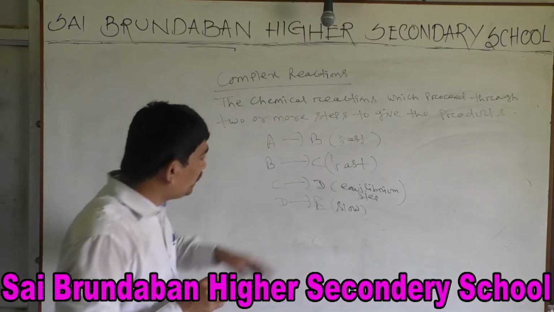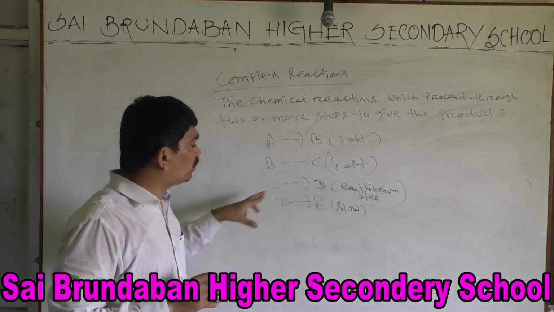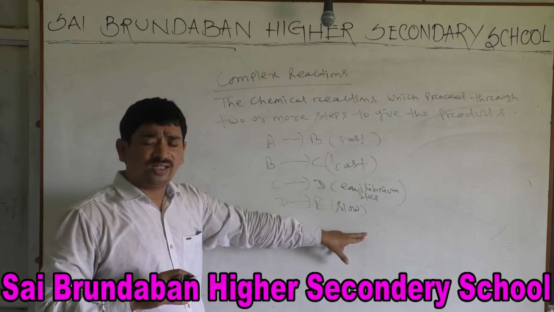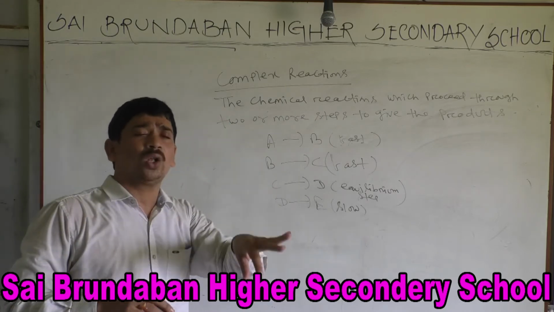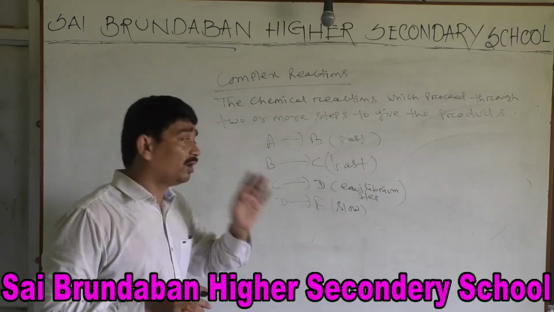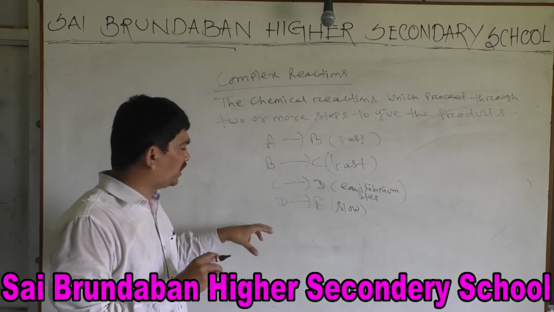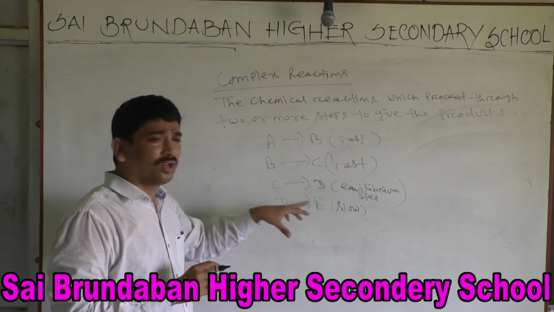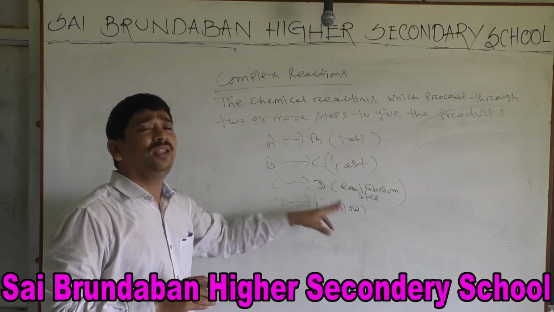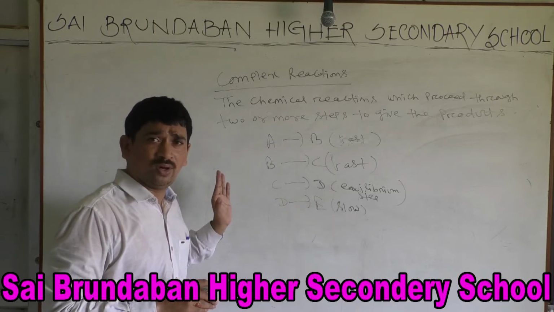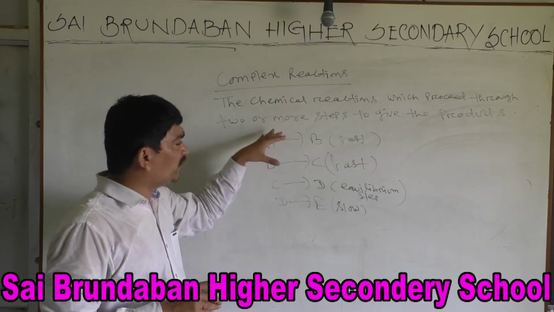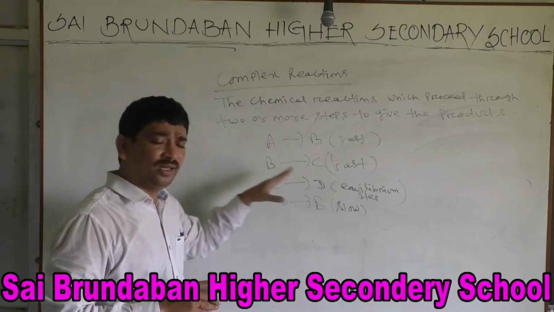If there are so many steps of reaction, then the slowest step will be the rate determining step. From that step we can calculate the order and molecularity of the reaction. So if there are so many steps of reaction, that is a complex reaction. From this complex reaction we can also calculate the order and molecularity. Always, the slowest step will be the rate determining step.